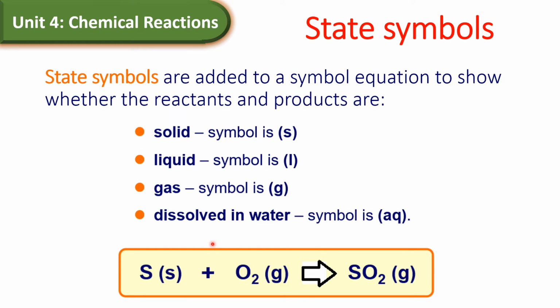For example, using sulfur and oxygen to make sulfur dioxide, the S inside the bracket means solid. The G inside the bracket is gas, and again G here is gas. So sulfur, which is solid, combines with oxygen, which is gas, to make sulfur dioxide, which is a gas. That is your state symbol.